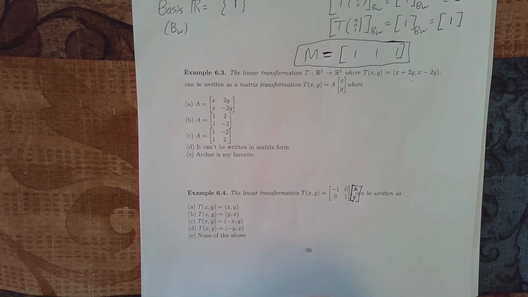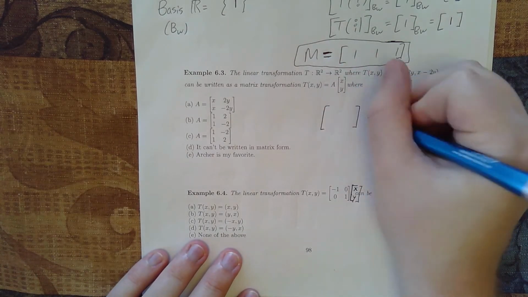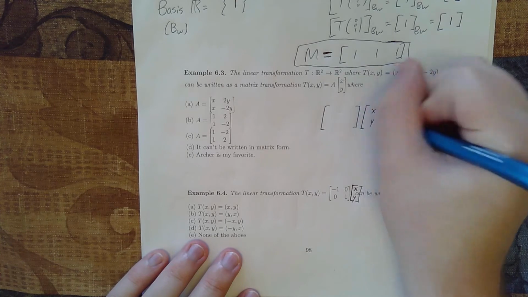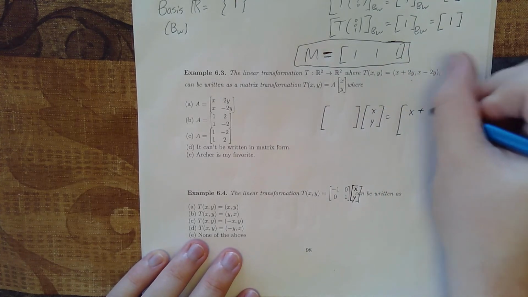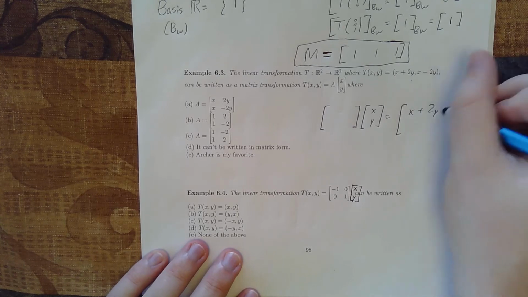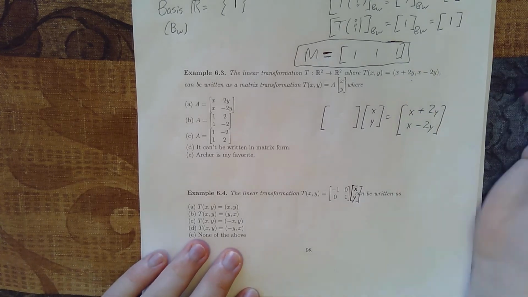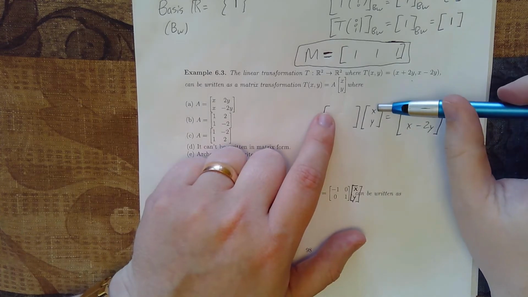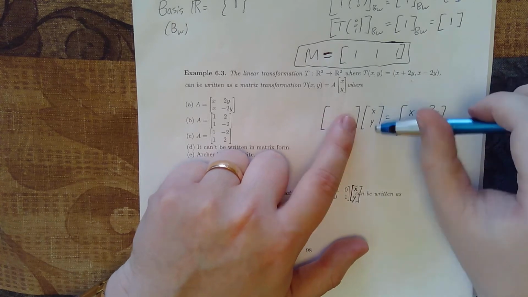Alright, cool, you're back. So we want to make sure that if we took whatever the matrix is times xy, we would get the proper output. In this case, it would be x plus 2y and x minus 2y. So this first row of our output will be how we figure out what this is.